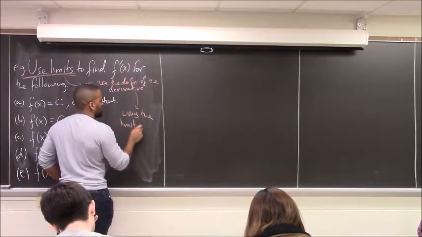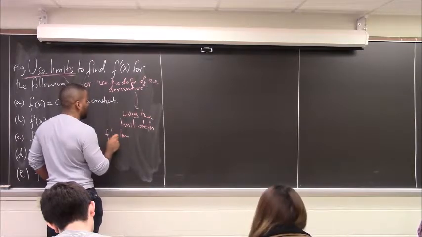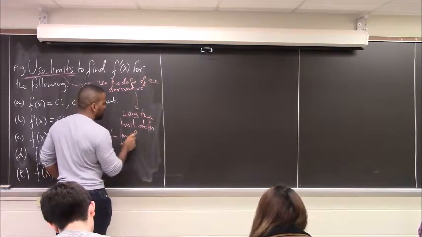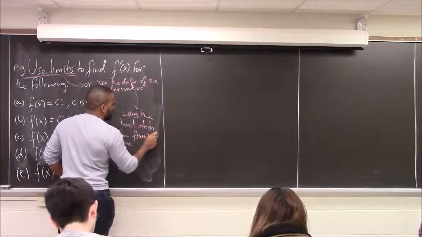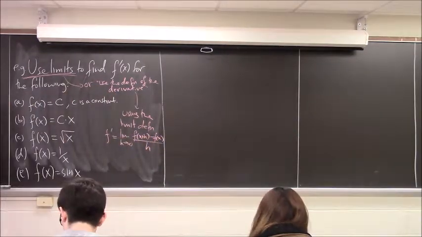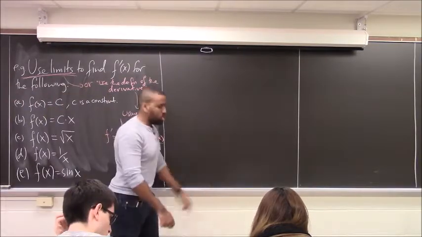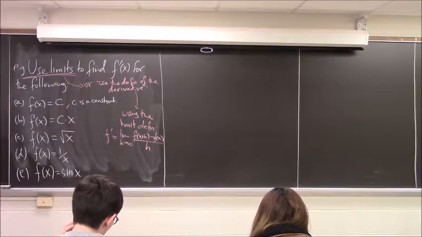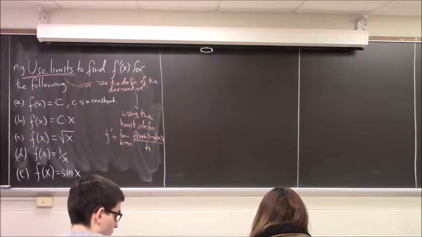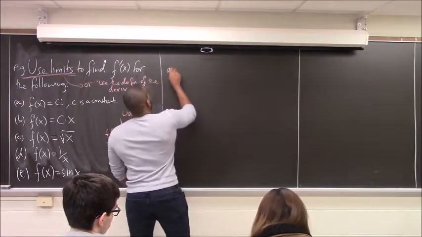You have to use the limit definition, where f prime of x is equal to the limit as h approaches 0 of f of x plus h minus f of x over h. That's going to be a pretty important formula to memorize, and you will be required to use it. You had to do it in the quiz today. You will be required to use it on the first test and on the final as well. So that being said, let's actually just jump into it. Let's see what these guys give us here.